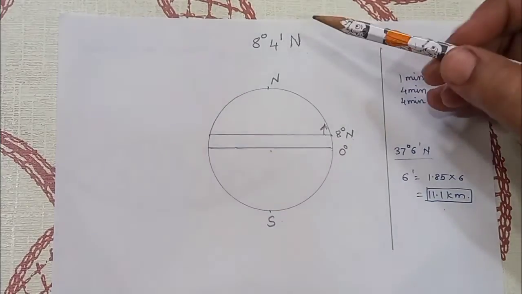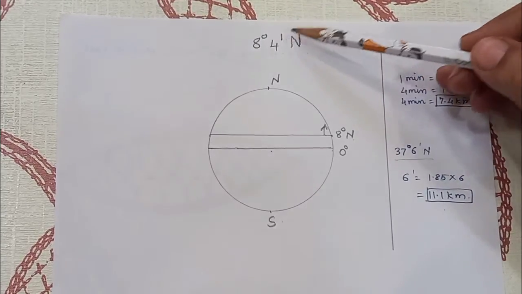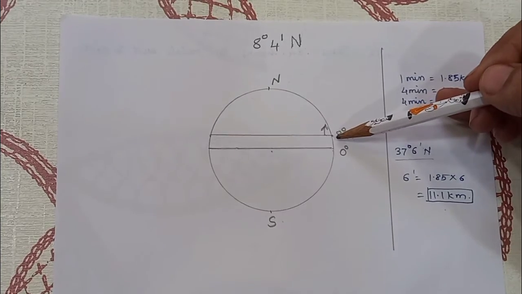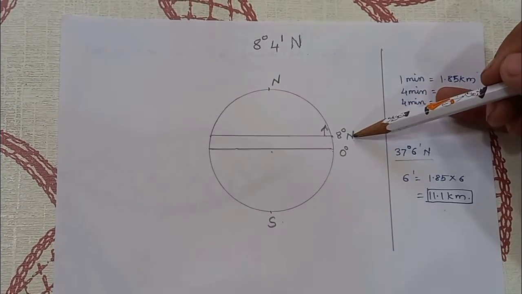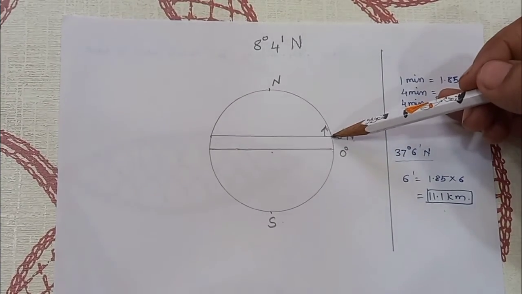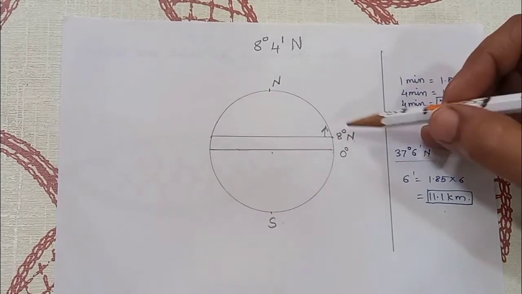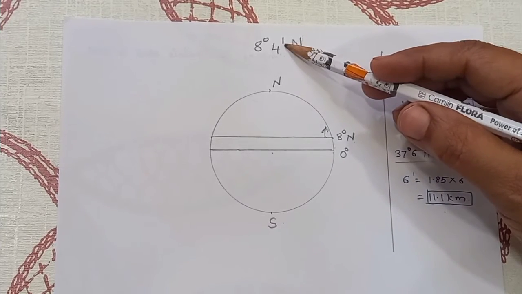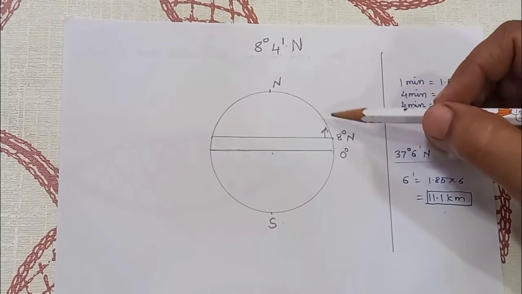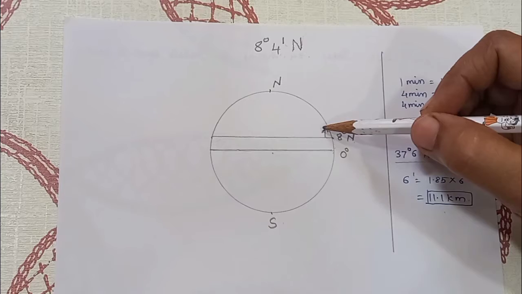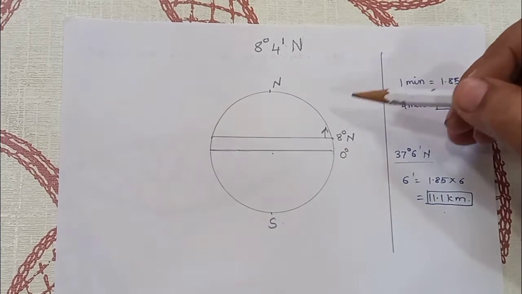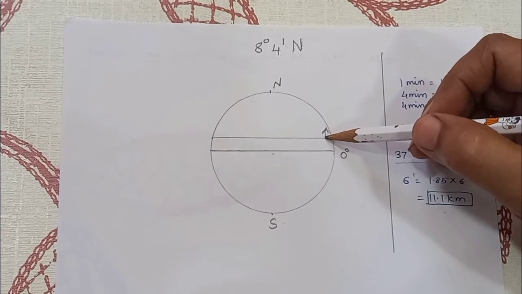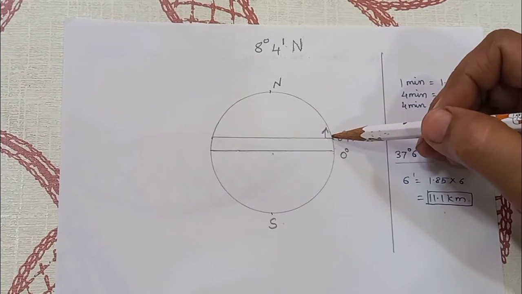So now let us see what is meant by 8 degrees 4 minutes north. Now as shown in the figure, 8 degrees north can be located above 0 degrees, that is the equator, but 4 minutes means we have to go a particular distance, measured in kilometers, ahead of the latitude at 8 degrees.